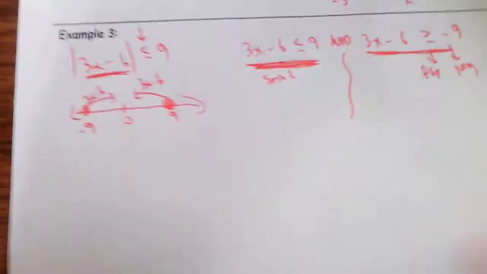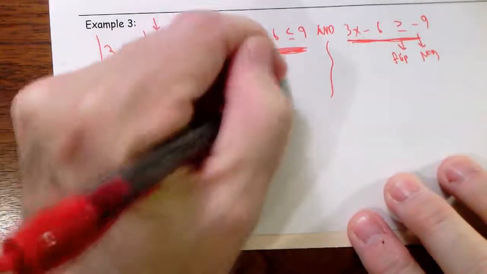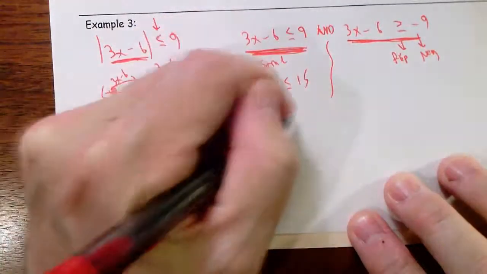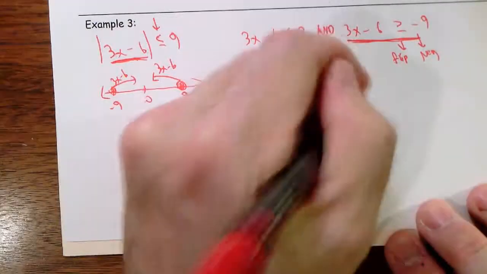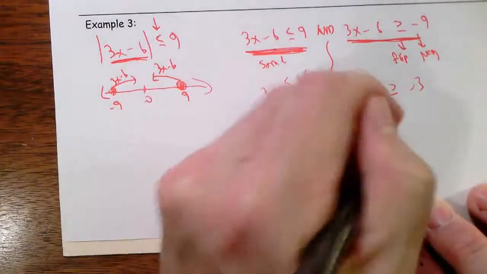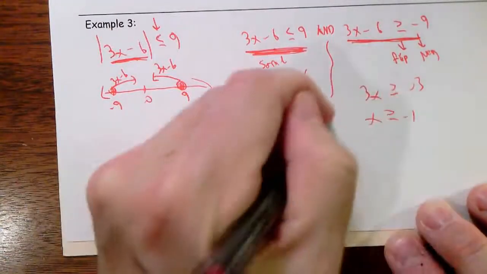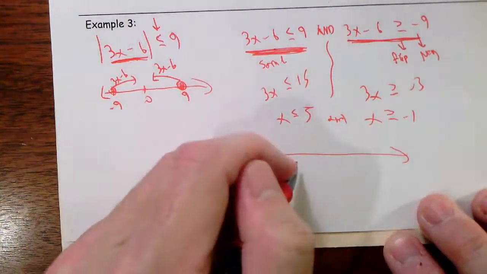Well, let me go back to solving this. I don't think you really need help solving this. Oops. Lost my camera a little bit there. So, let me just go right to the answer. 3x is less than or equal to 15. X is less than or equal to 5 would be that answer. Over here, I'd add 6 and get negative 3, and then I'd divide by 3 and get negative 1. And so my graph would be numbers.